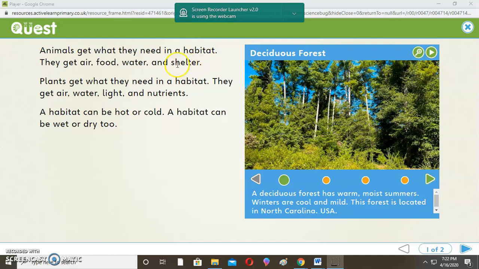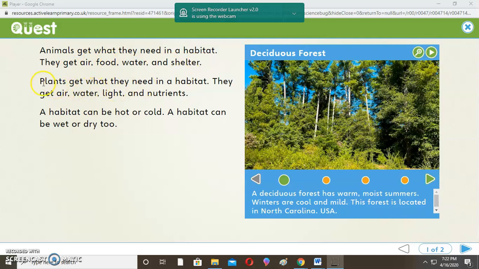If you have a home, no animal can come outside to attack you. Thieves cannot come outside to attack you. So you have a home because it gives you shelter. You have a place to live in. And animals also need air, food, and a shelter.